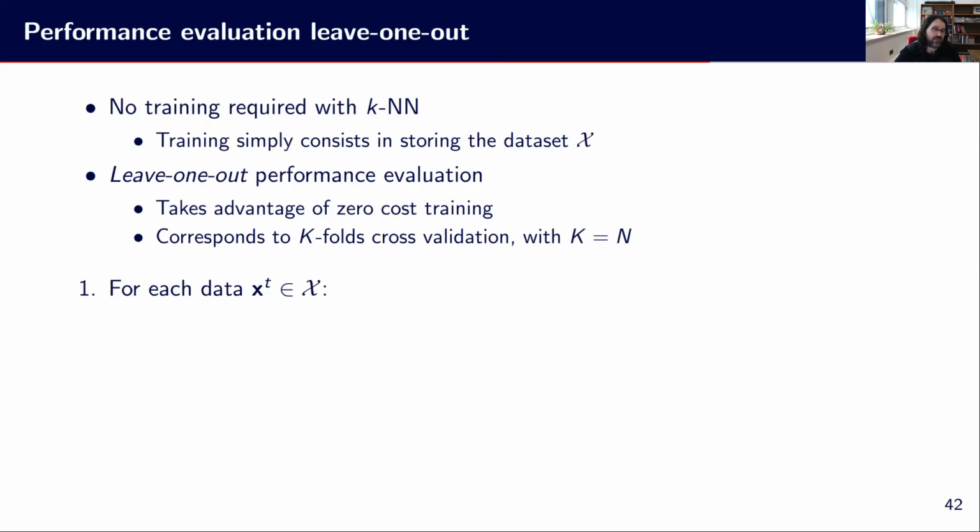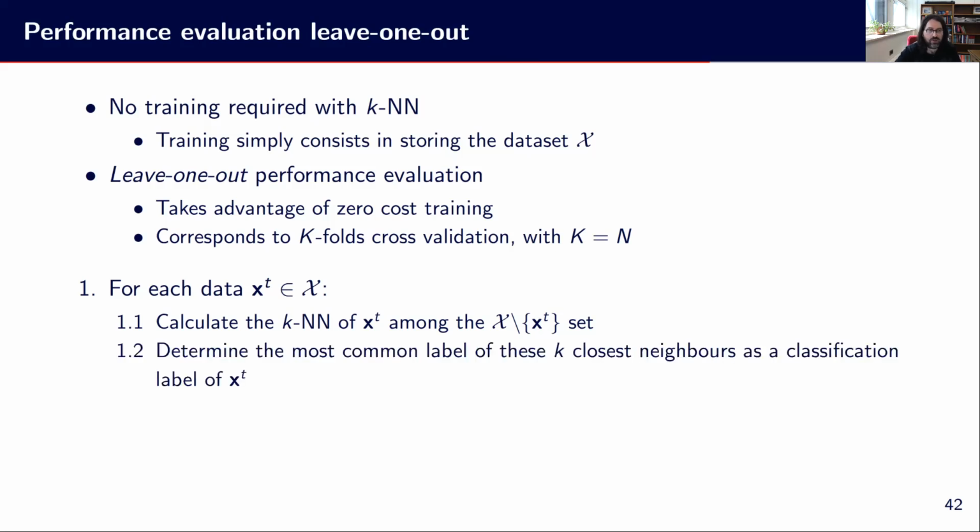So this is done by having an algorithm that goes, for each data point in our data set, we compute the k-nearest neighbors according to all the training set except the sample x_t that we care about. We determine the most common label, so we just get all the k-nearest neighbor samples to vote according to their labels and assign the sample to the class that has the most samples.